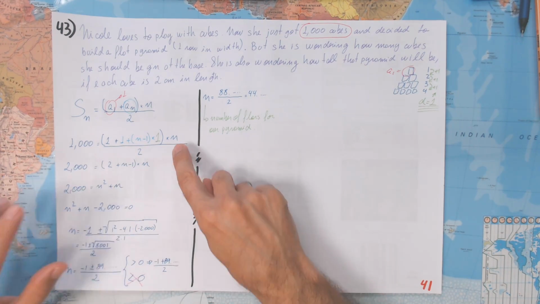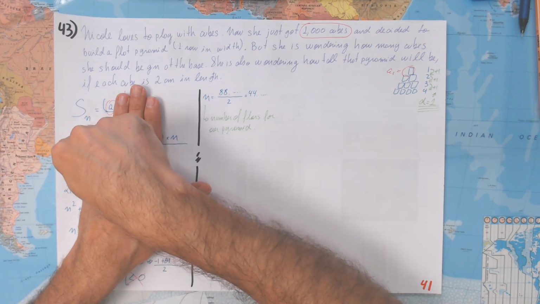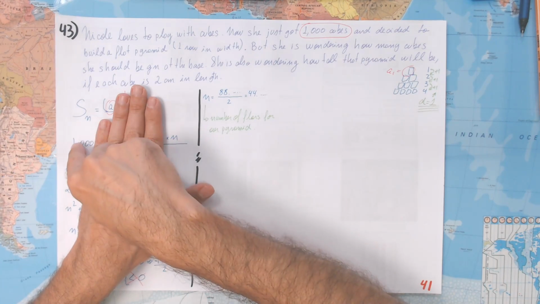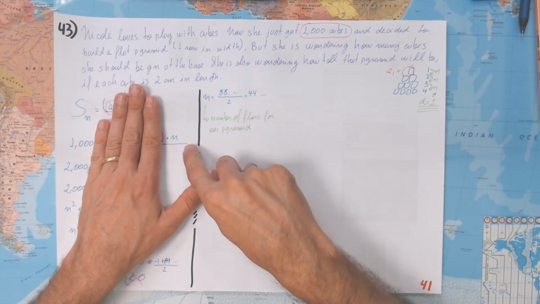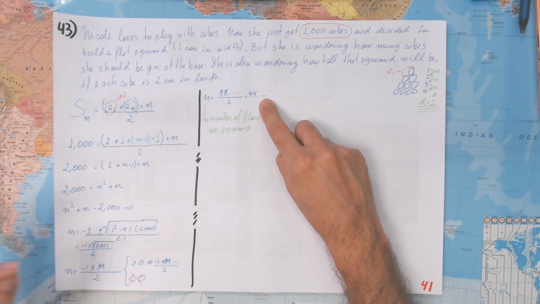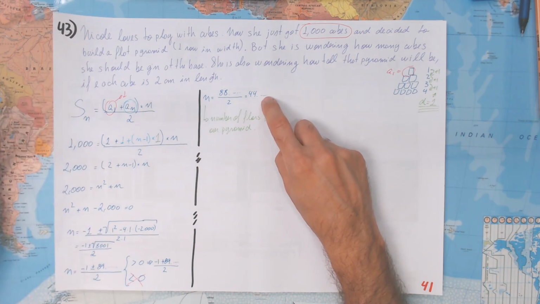Okay, let's try to see here. Ignore that. We just have 1000 and n. The bigger the n, the bigger the number of blocks we need, of course. So if we just decide to make n bigger than 44 point something, which is the exact value for 1000, that's what we're trying to find, right?